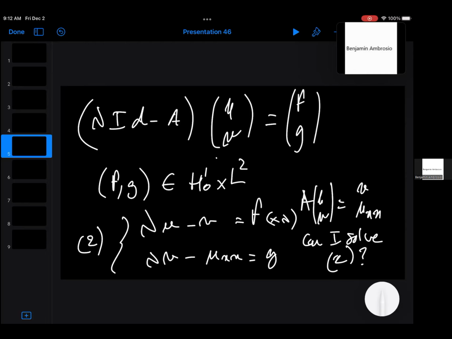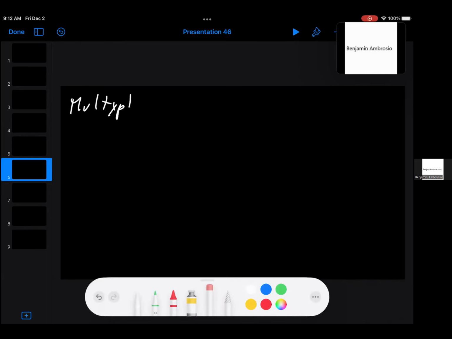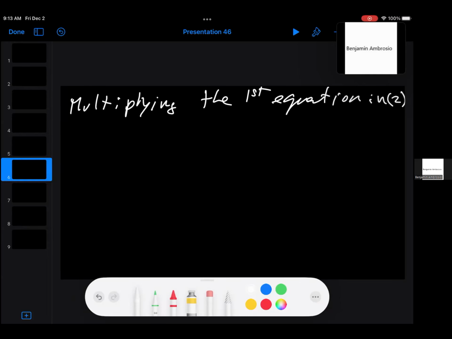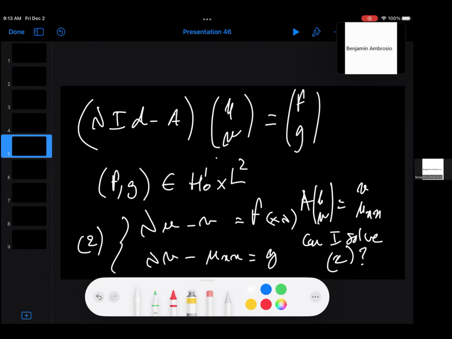We obtain lambda squared u minus lambda v plus lambda v, which cancel, and it remains minus uxx equals g.